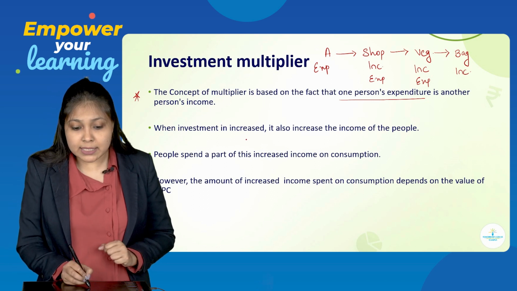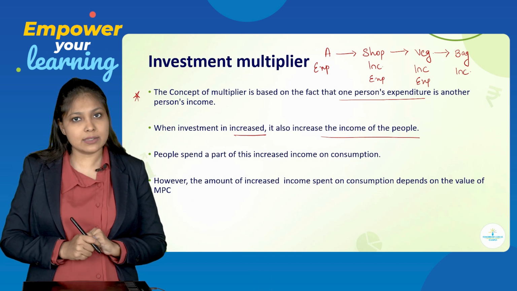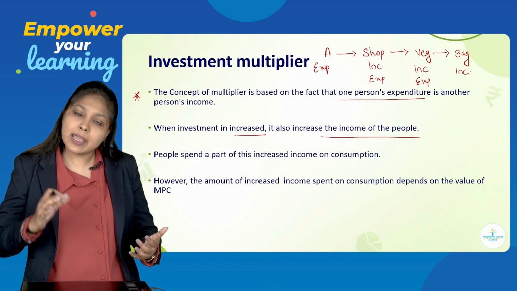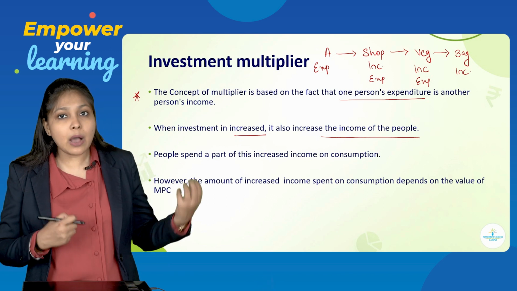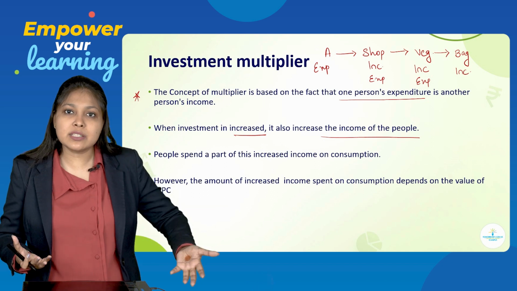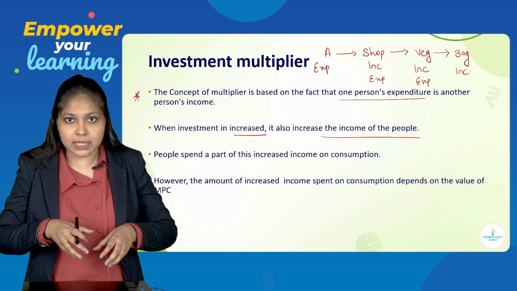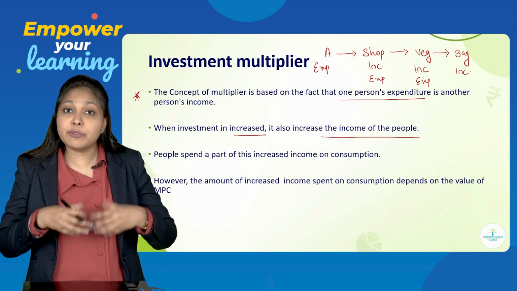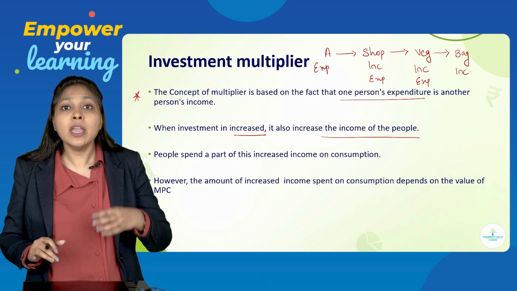So when investment increases, income of the people also increases. It's but obvious. Naturally, think about how government invests in different projects. When government invests in different projects, there are n number of people who are going to be involved in that project, and nobody is going to do the work free of cost. They will be charging some kind of money.